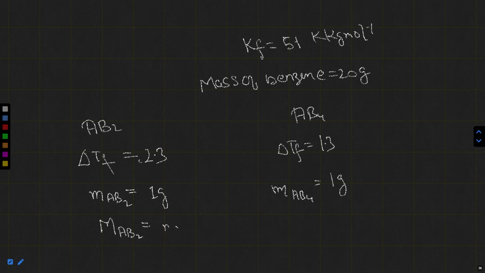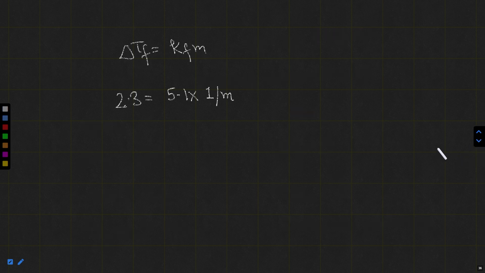Whereas the molar mass of AB4 is M AB4. And what is the formula for molality? It is number of moles per kg of solvent. So what was the mass of solvent that we have taken?